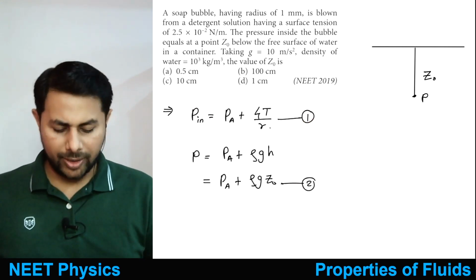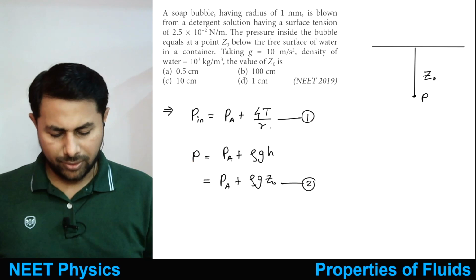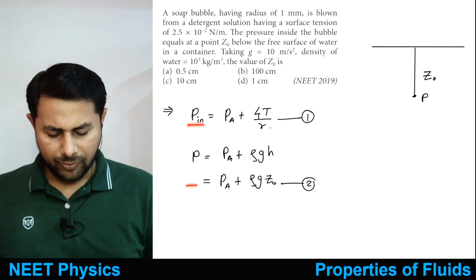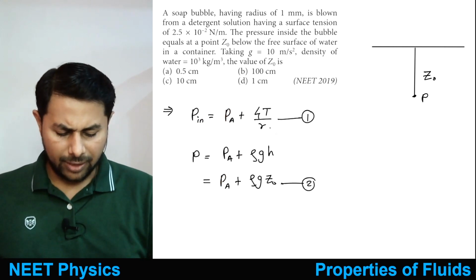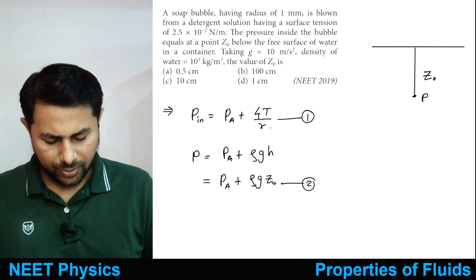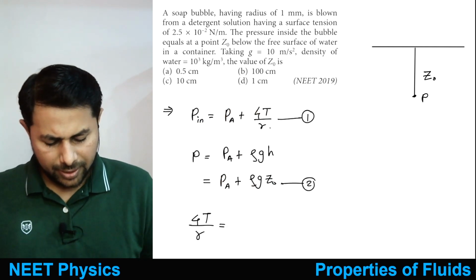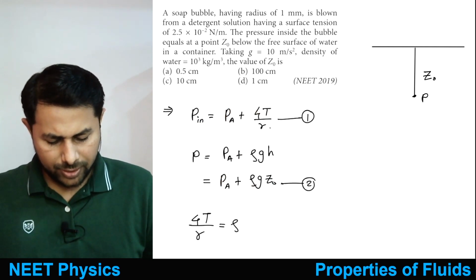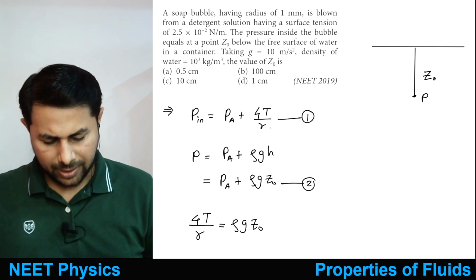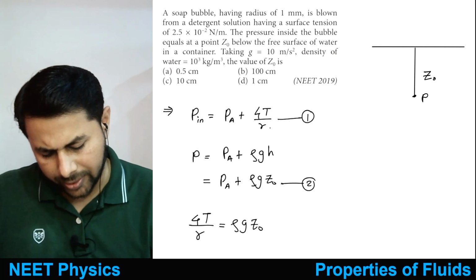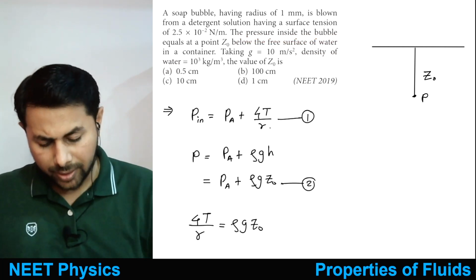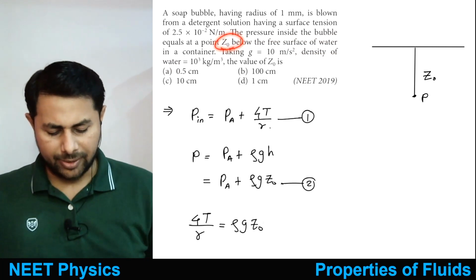Now both are equal, so you can equate these two. If you equate these two, what will happen? The atmospheric pressure will get cancelled, and you have 4T divided by R equals rho g Z naught. Okay, 4T upon R is equal to rho g Z naught, and then we want to find out the distance of that point Z naught, right?